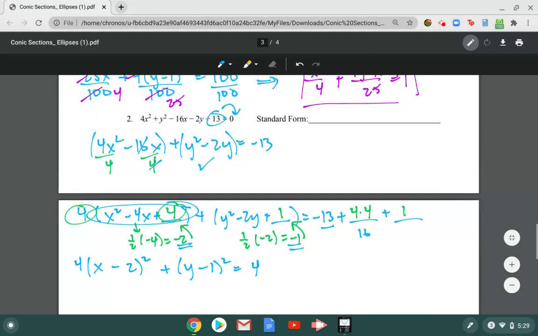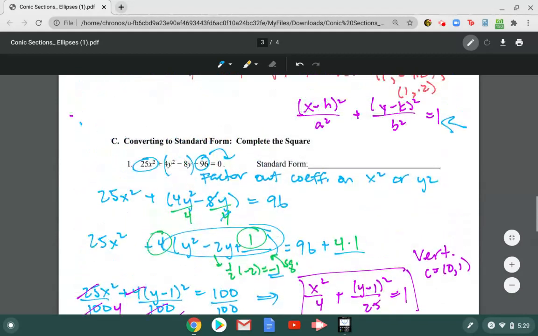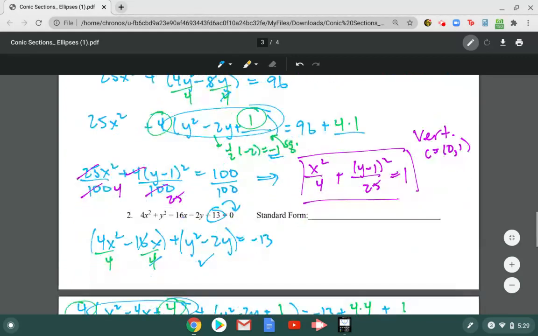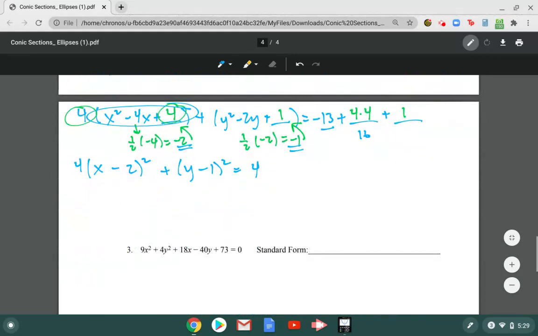If we go back and peek up at standard form, we have everything except the 1 on the other side. So let's go ahead and divide everything by the 4 on the right, and we'll do that on this side as well. Okay, so here comes our answer. 4's cancel, and I've got x minus 2 squared.